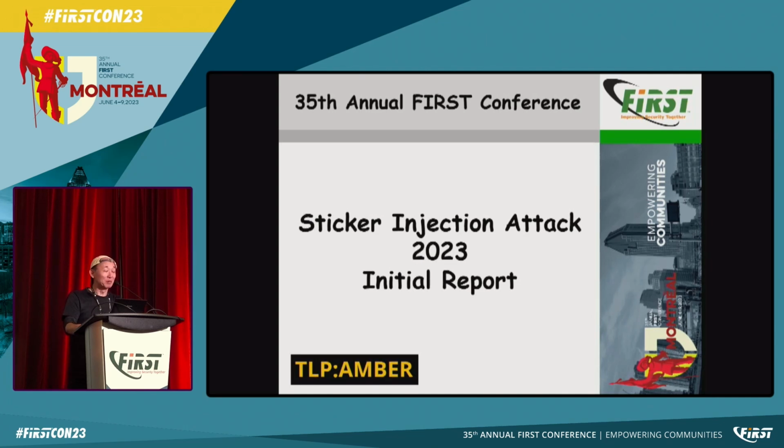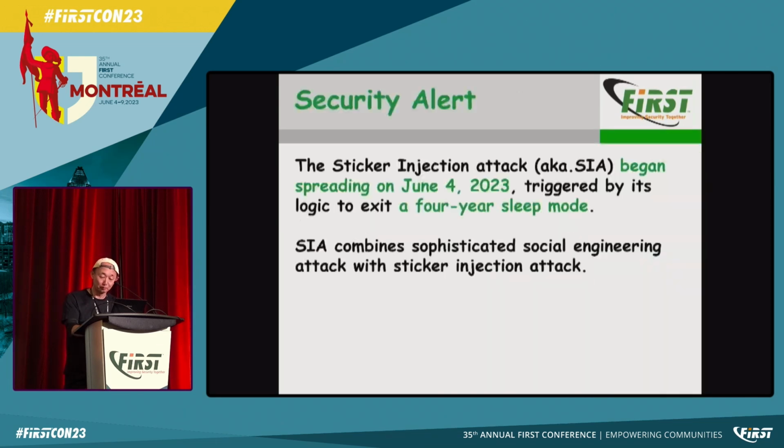So this is Masato, and I'll show the Sticker Injection Attack 2023 initial report. Sticker Injection Attack, SIA, began spreading on June 4, 2023, triggered by its logic to exit the 4-year sleep mode. SIA combined sophisticated social engineering attack with sticker injection attack.